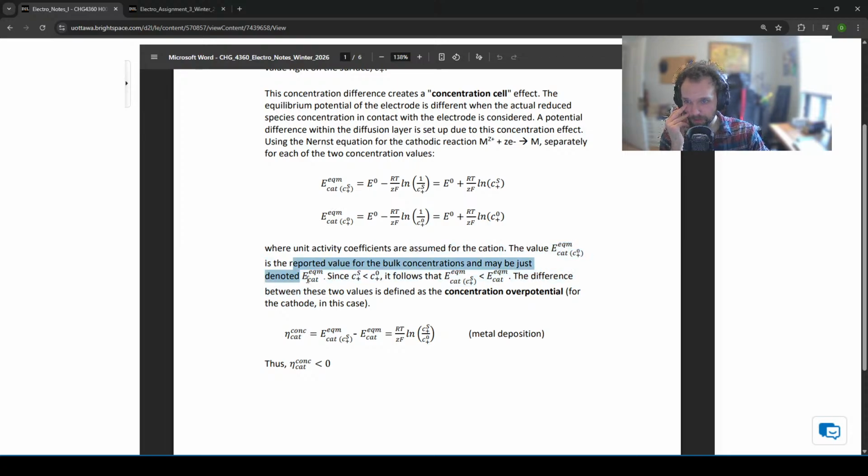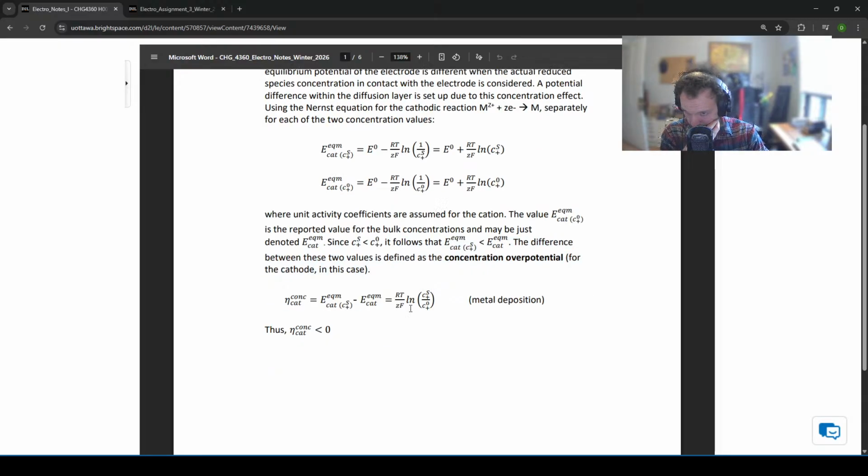It may just be denoted as the cathodic equilibrium potential. Since the surface concentration is less than the bulk concentration, it follows that the surface cathodic potential is less than the bulk cathodic potential. The difference between these two values is defined as the concentration overpotential for the cathode in this case.